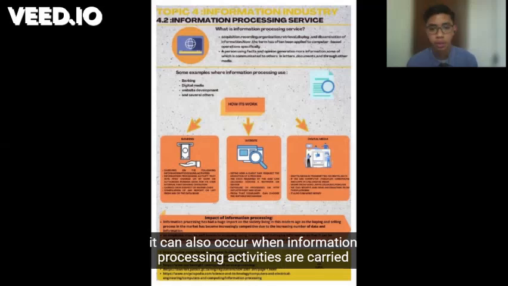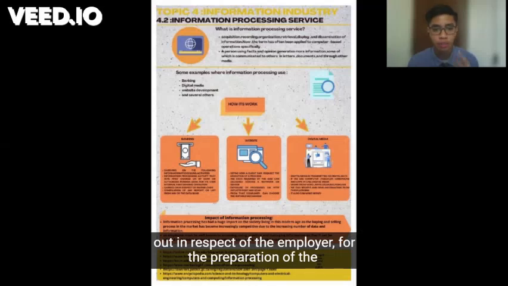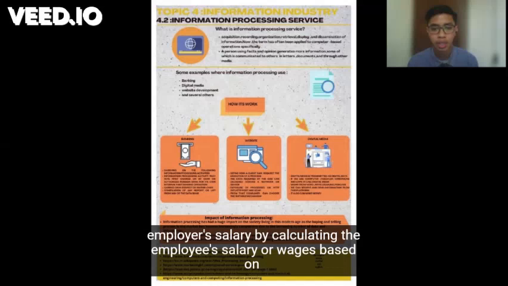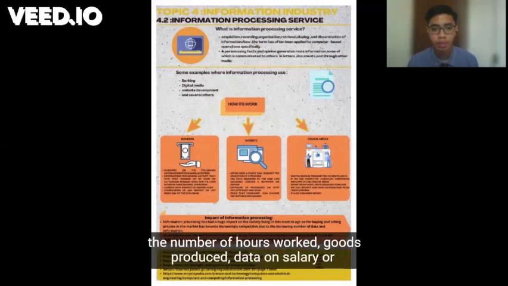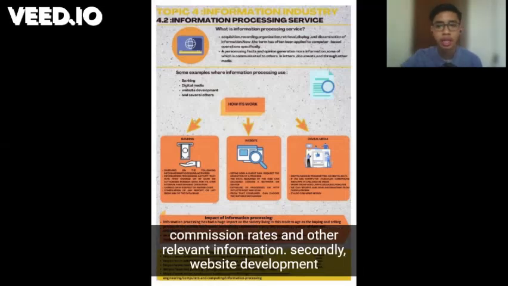It can also occur when information processing activities are carried out in respect of the employer for the preparation of the employee's salary by calculating the salary or wage based on the number of hours worked, goods produced, data on salary or commission rate, and other relevant information.